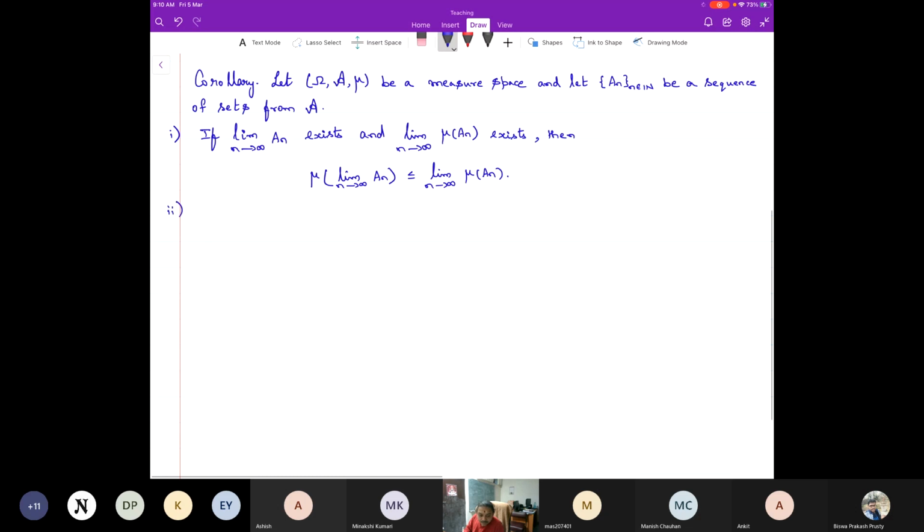Second one, so if limit n tending to infinity A_n exists and if mu of the union of A_n is finite, then limit n tending to infinity mu A_n exists.